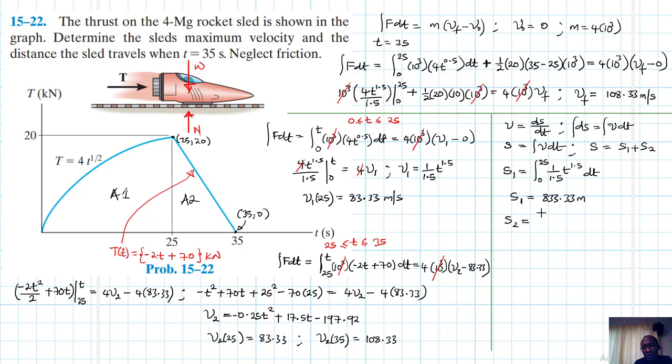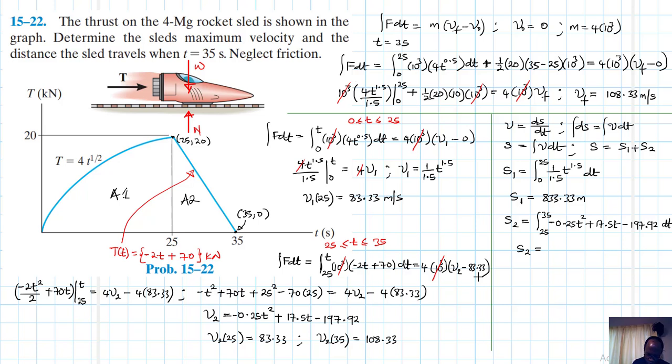S2 is just going to be equal to the integral from 25 to 35, and the equation is minus 0.25 t squared plus 17.5 t minus 197.92 dt. So this you can integrate on your own. I'm going to just integrate it directly using my calculator.